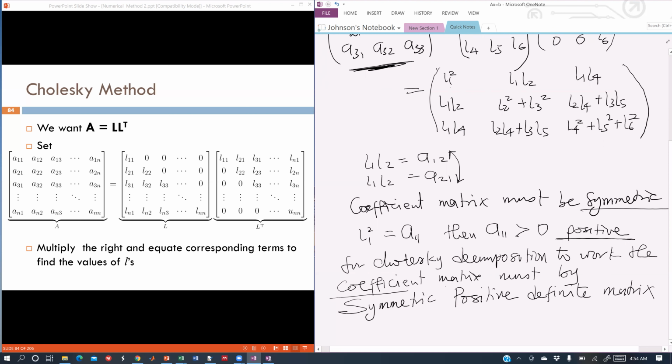This particular condition is very, very, very important. It has to be symmetric, positive, definite matrix.